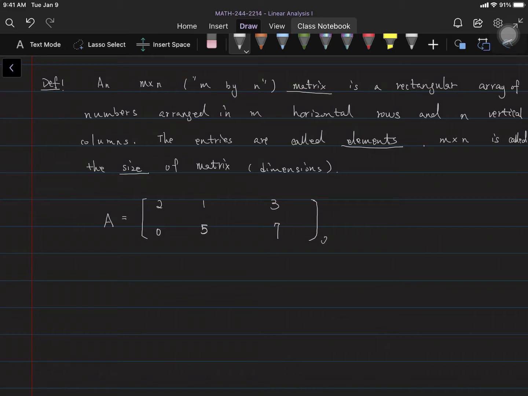In this matrix, we say that it is 2 by 3. Row by column is always the order. The 2 by 3 is the size of the matrix. M means number of rows, and N means number of columns.